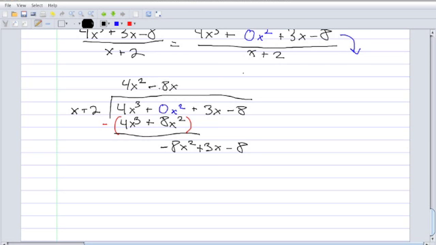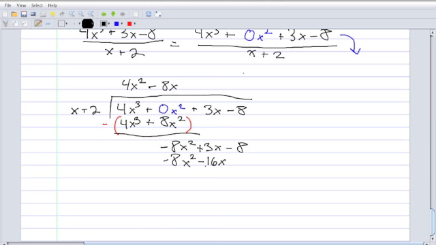Okay. Multiply it back, so you get negative 8x squared. Negative 8 times 2 is negative 16x. Hold on. Oh, wait a minute.